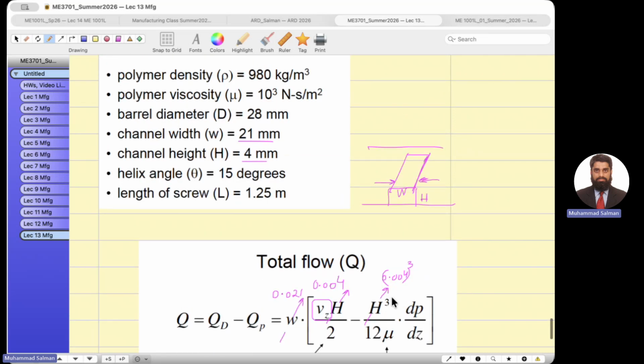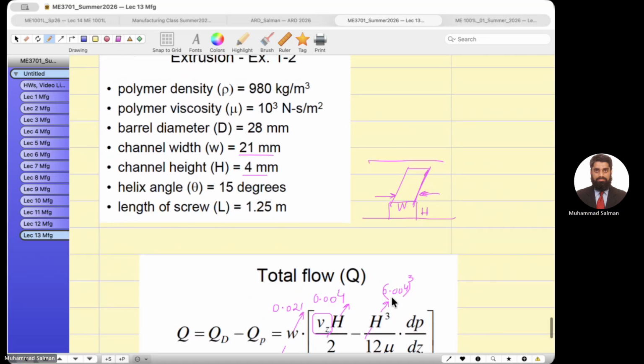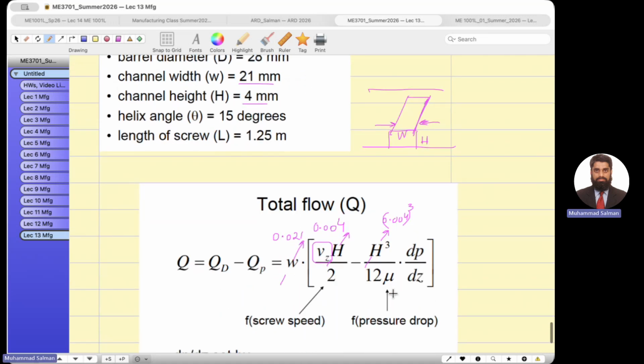The viscosity eta is 10 to the power 3, so I will write down 10 to the power 3. And dp is not given directly, but I mentioned dp is equal to delta p inside the die. So how will you find out the delta p?